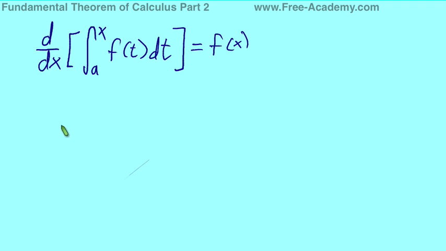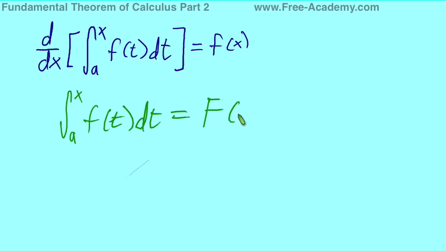Now let's take a look at our actual integral from a to x of f of t dt. When we evaluate that, we're going to get capital F of x minus capital F of a.